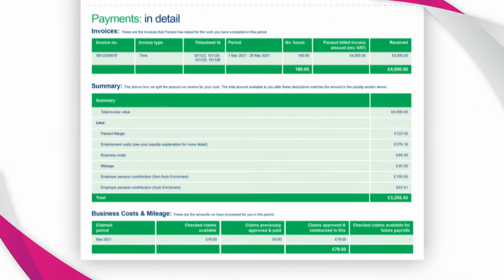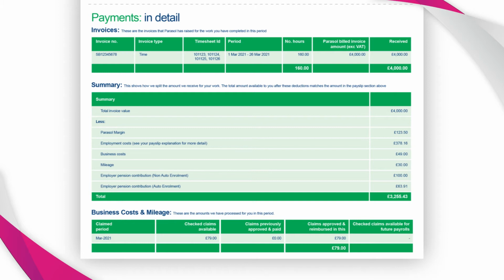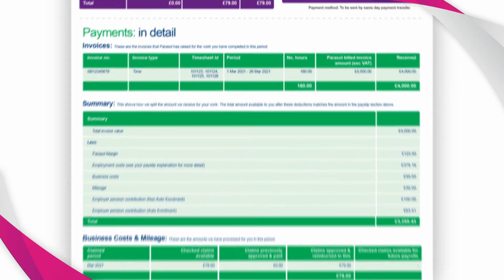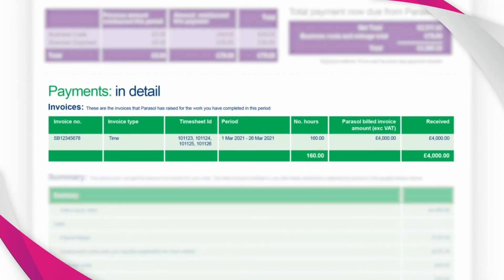I'm going to move on now to the green payment section. This is the invoice reconciliation, showing the invoices paid, the timesheet it relates to, and the deductions made from this invoice before arriving at your gross pay figure. You'll see here that you have visibility of the invoices we have raised to the agency or end client.